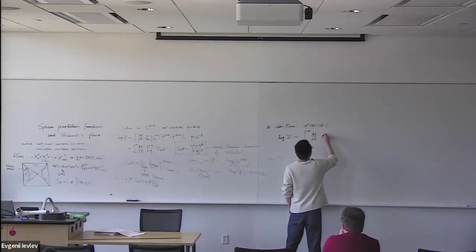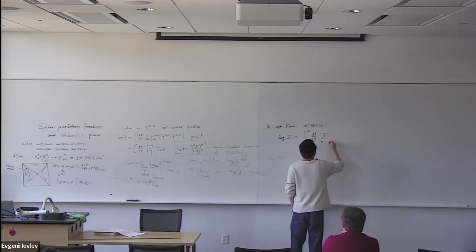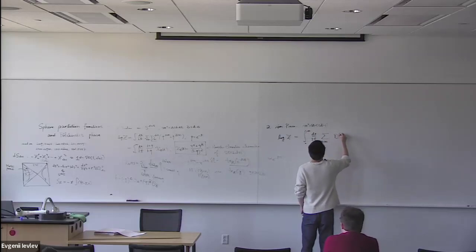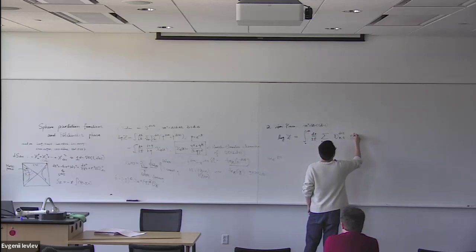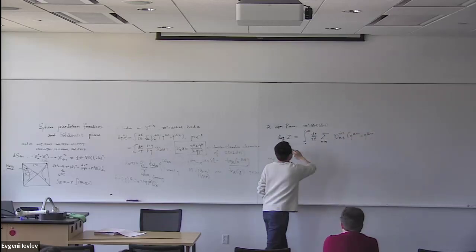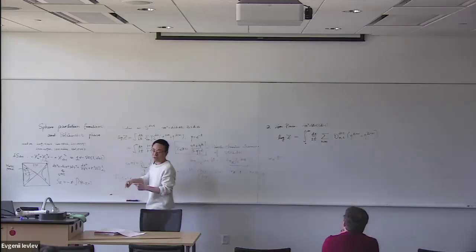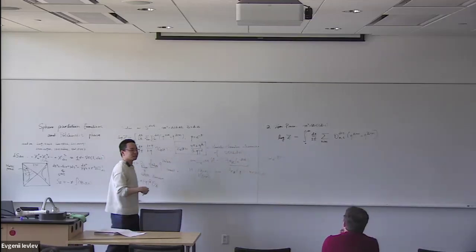Naively, you just expect something like this. Compared to this one, what's the difference? Here, n labels the spherical harmonics on the sphere, so you expand the field in the spherical harmonics.